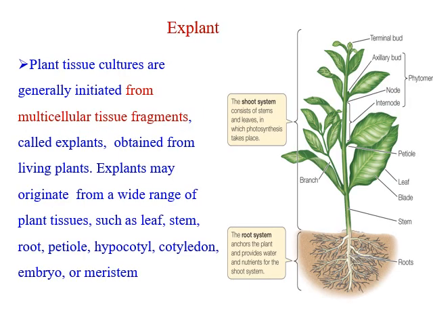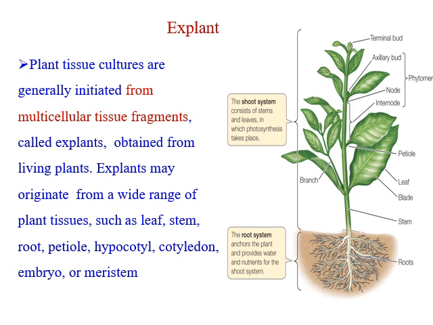In the last slide I mentioned the explant three or four times. The explant is nothing but the excised portion of a mother plant. Generally it is called a multicellular tissue fragment, called an explant. It is obtained from the living or mother plant.